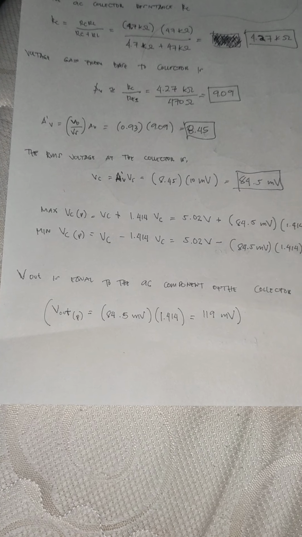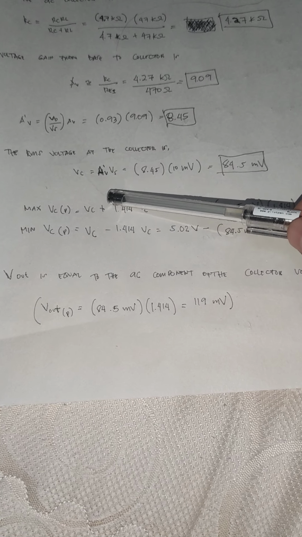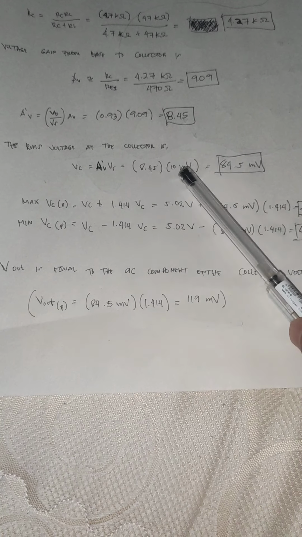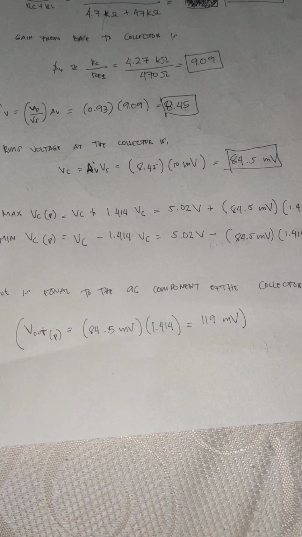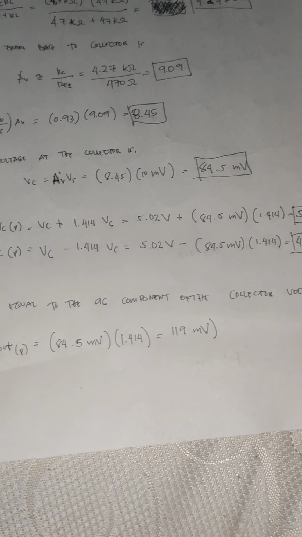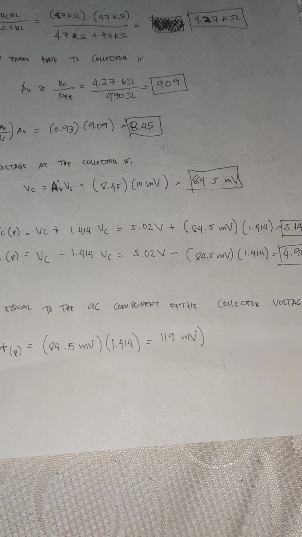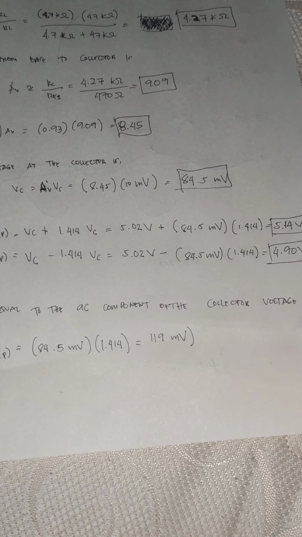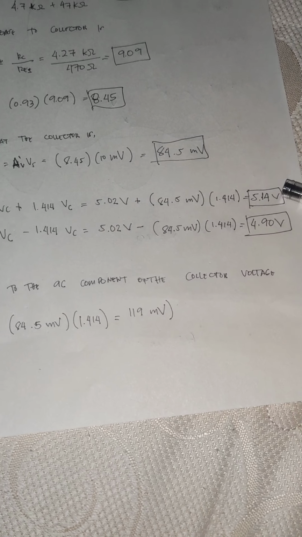Sa akong kuha na sa ang minimum niya, which is gi-minus lang nako siya. Kanina kay positive, plus naman siya diri. So ang minimum negative siya. So VC minus 1.414 VC equals 5.02 volts minus 84.5 millivolts times 1.414 is equal to 4.90 volts.